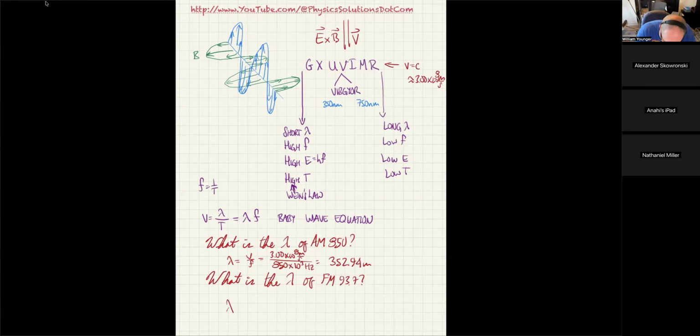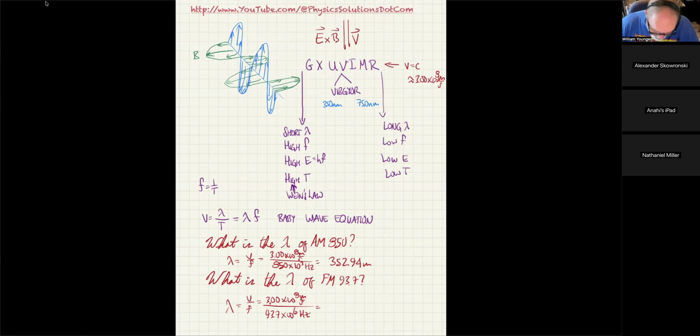The other part was for the FM. It's still v over f, and it's still 3.00 times 10 to the eighth meters per second for velocity. But with FM, the radio stations, like 93.7, and all the radio stations are measured in megahertz. So this one would be dividing by 93.7 times 10 to the sixth hertz.